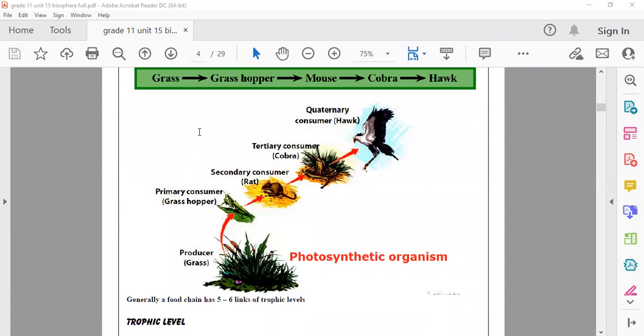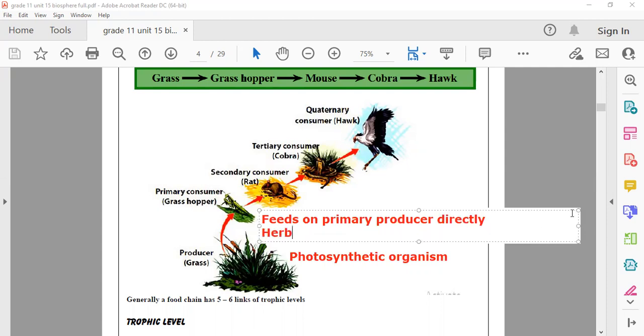And thereafter, if you go to the second one, the primary consumer. Who is the primary consumer? It feeds on the primary producer directly, right?